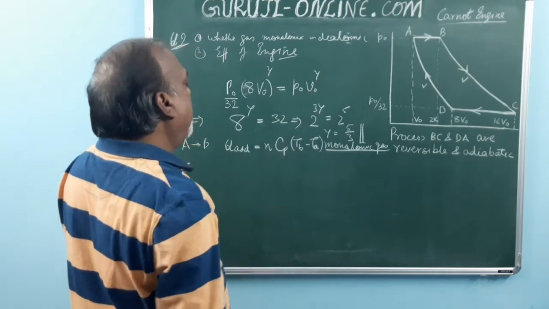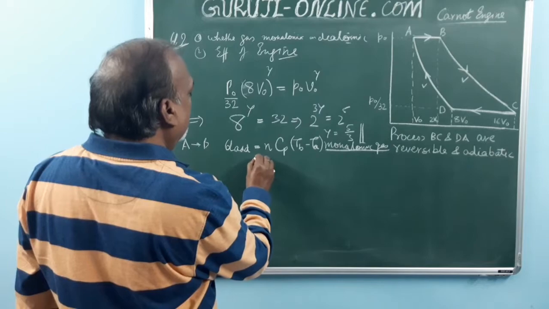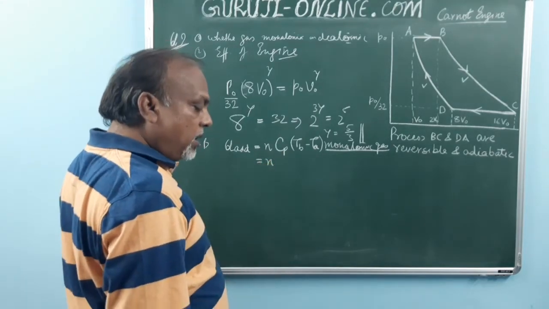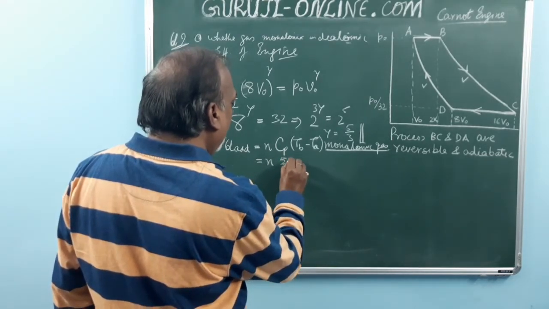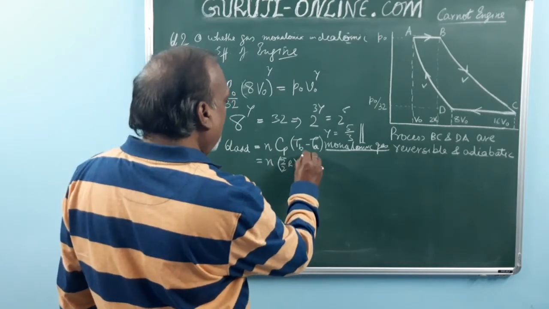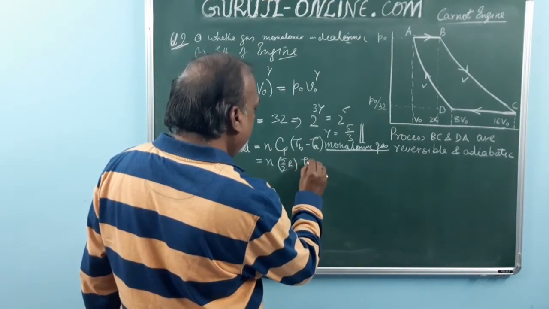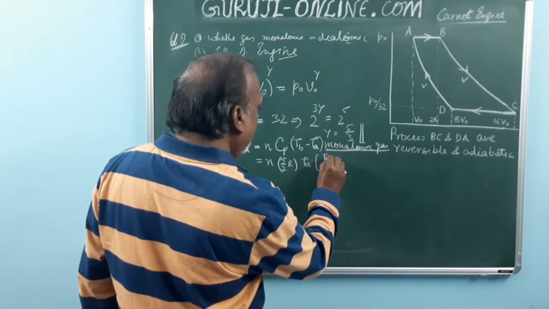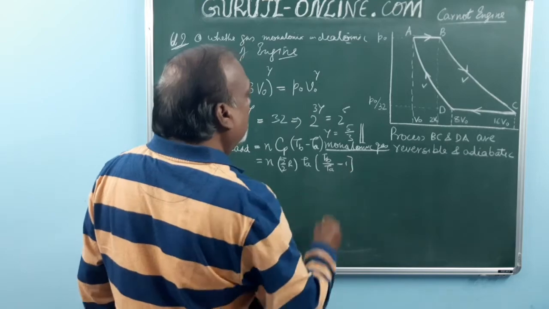And this is nothing but n Cp. For Cp, you already know it is 5 by 2 R for monatomic gases, and here we can take TA common, and this is nothing but TB upon TA minus 1.